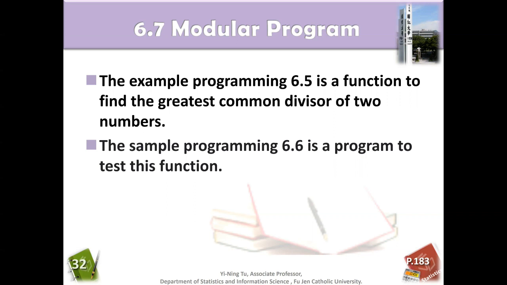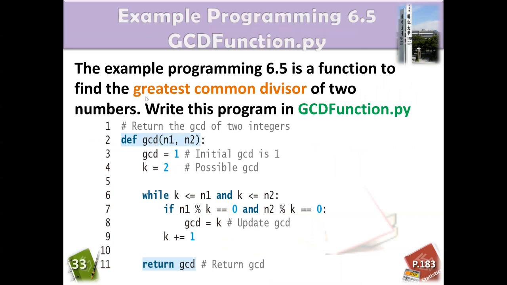Example program 6.5 is a function to find the greatest common divisor of two numbers. I think we have already practiced that. But example program 6.6 is a program to test this function, and we divide it into different files. First, this is the GCD function.